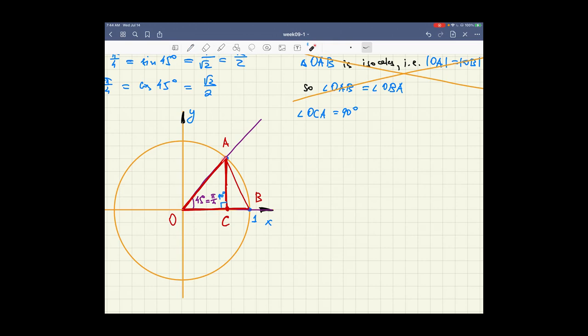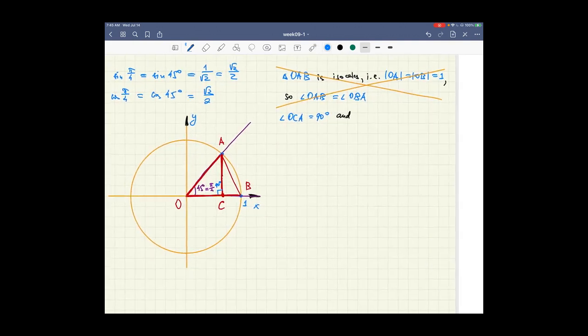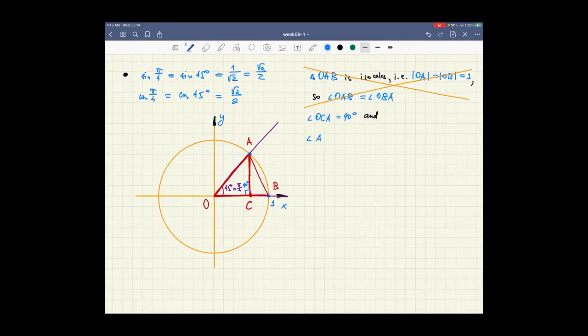And the three angles AOC, OCA and OAC must add up to 180 degrees. So I can write angle AOC, which we know is 45 degrees, plus angle OCA, which we know is 90 degrees, plus angle OAC is 180 degrees.